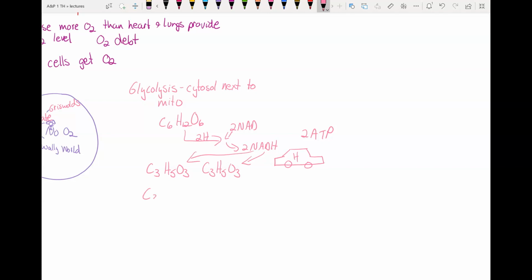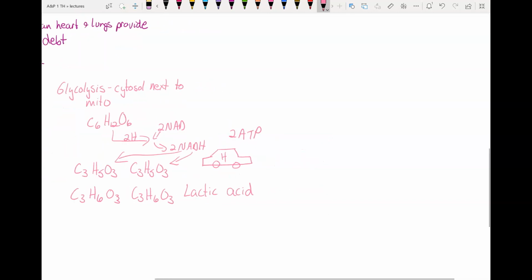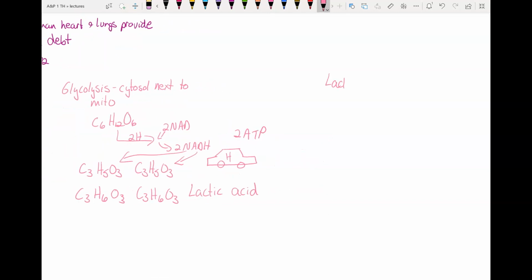So now you get C3H6O3. This is lactic acid. So if you lack oxygen, you switch from cellular respiration to fermentation.